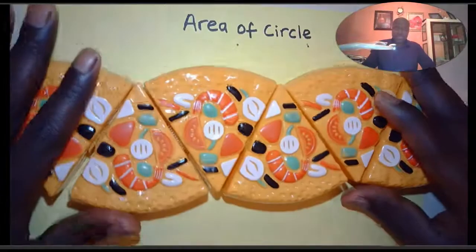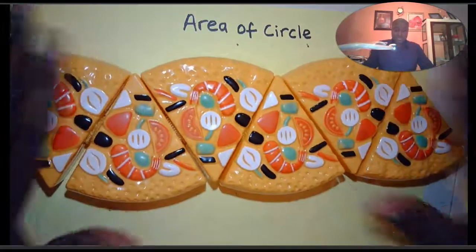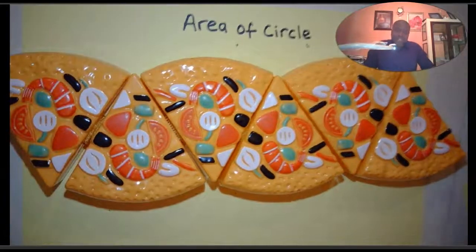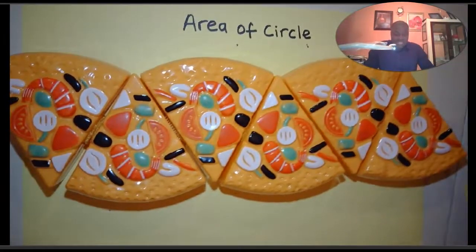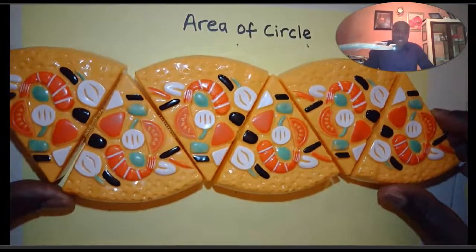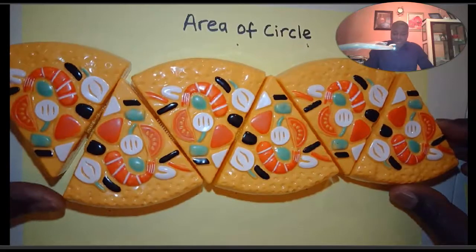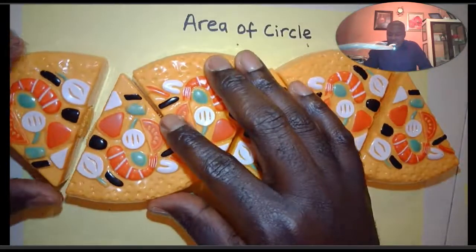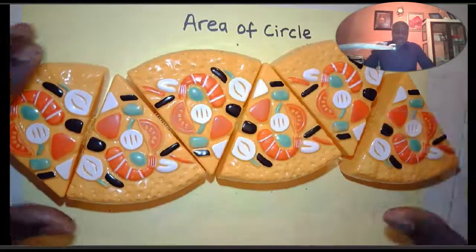So as we continue to break the slices and put them together to form something nice, I see that this is approaching a certain shape, which to me looks like a rectangle.